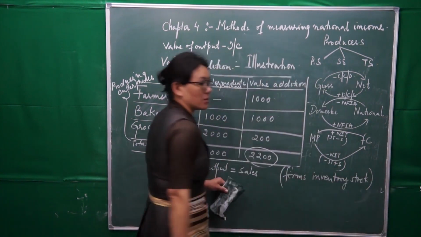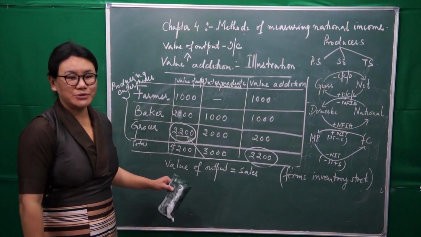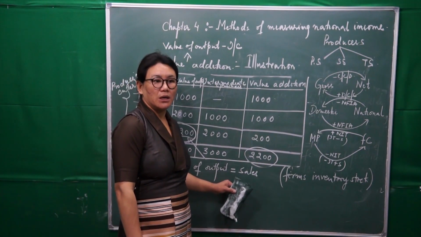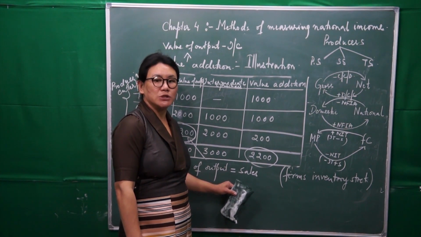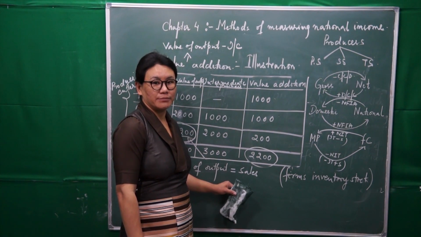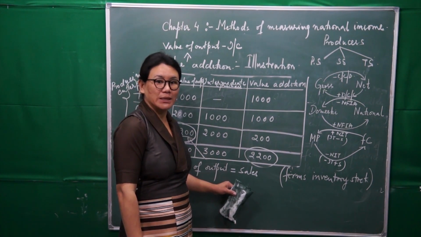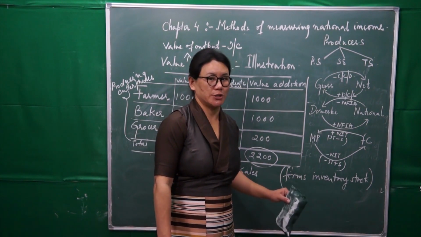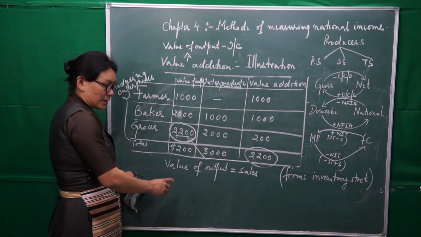What is this inventory stock? Inventory stock is stock of goods, which in future they will resell again. Is that clear? So inventory stock is stock of unsold goods.